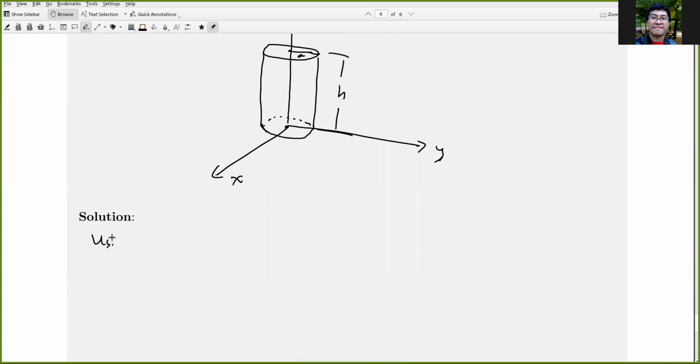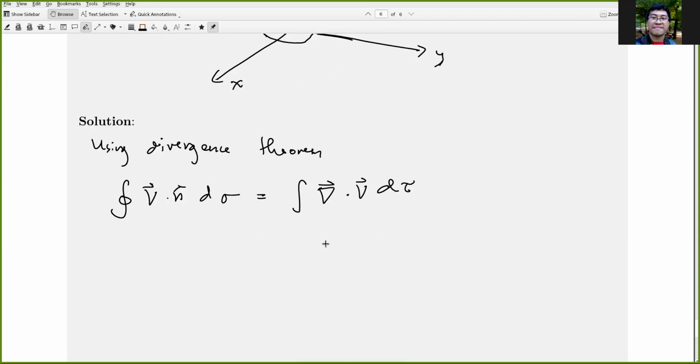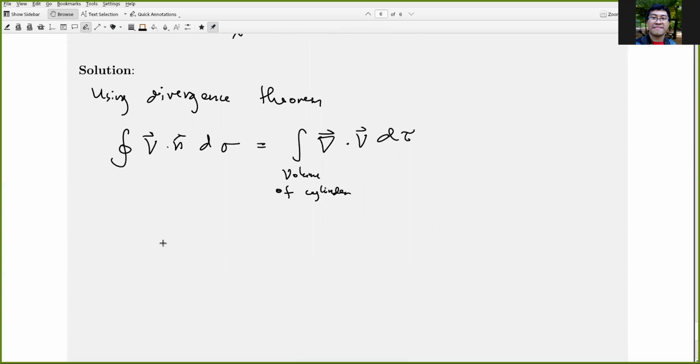So using the divergence theorem, you have the closed integral of v dot n d sigma equals the integral of del dot v d tau, where the integration is over the volume of the cylinder.